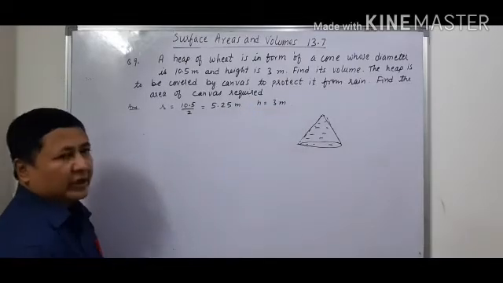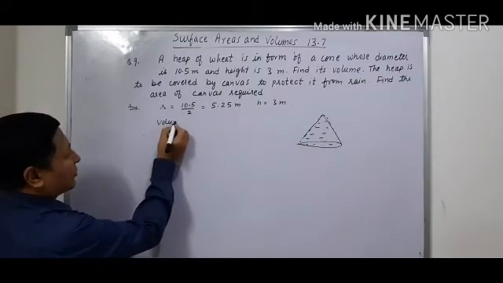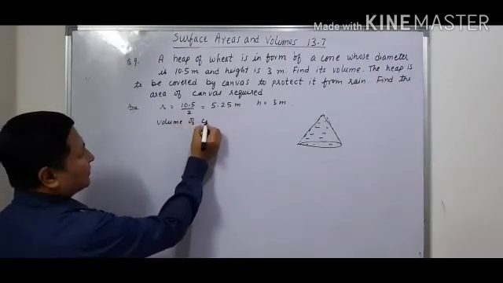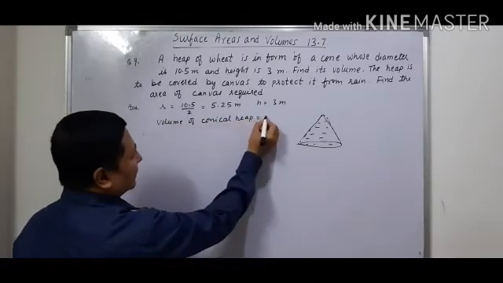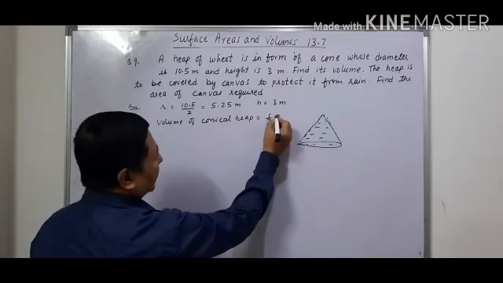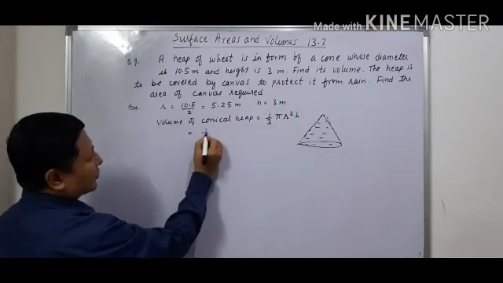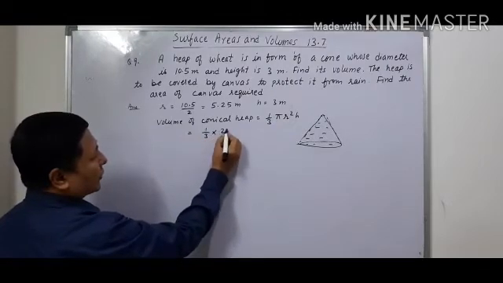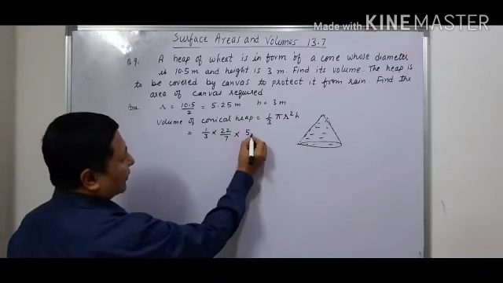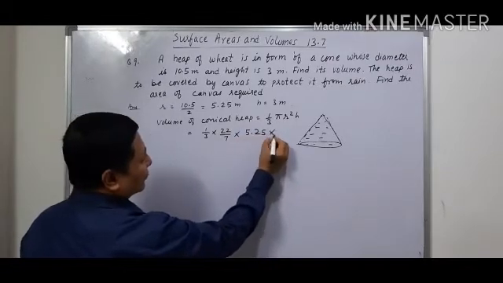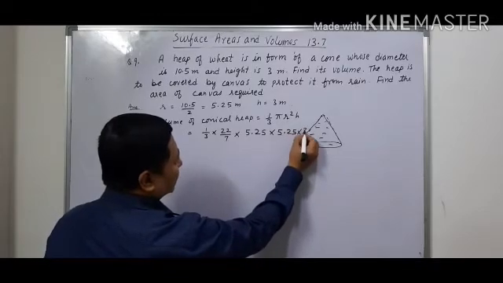And we have to find the volume of the conical heap, that is given by the formula 1 upon 3 pi r square h. So it is 1 upon 3 into 22 upon 7 into r is 5.25 into 5.25 into height is 3.